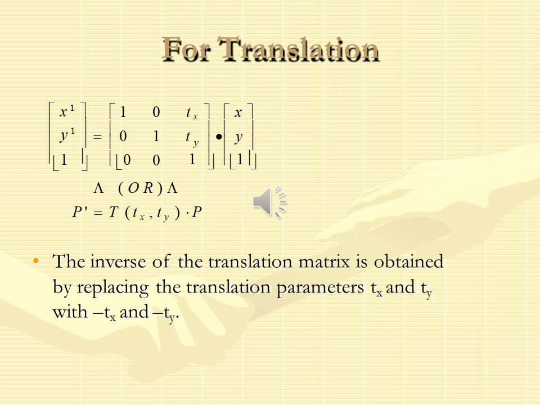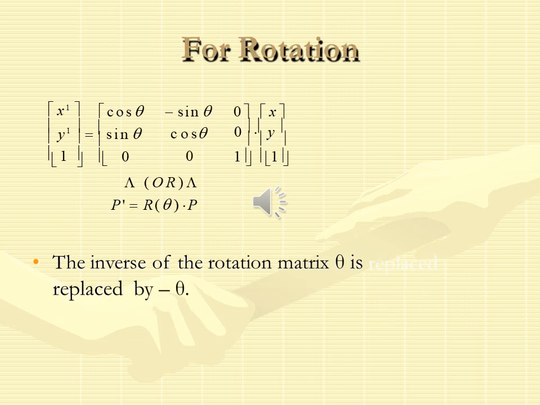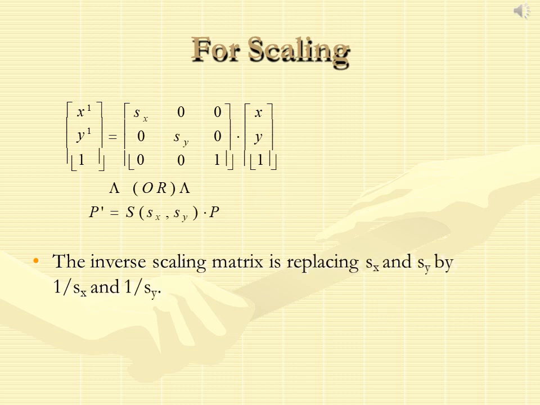If we provide values less than 1 to the scaling factor s, then we can reduce the size of the object. And if we provide values greater than 1, then we can increase the size of the object. And so here, for rotation, P dash is equal to R of theta into P. The inverse of the rotation matrix is obtained by replacing theta with minus theta.